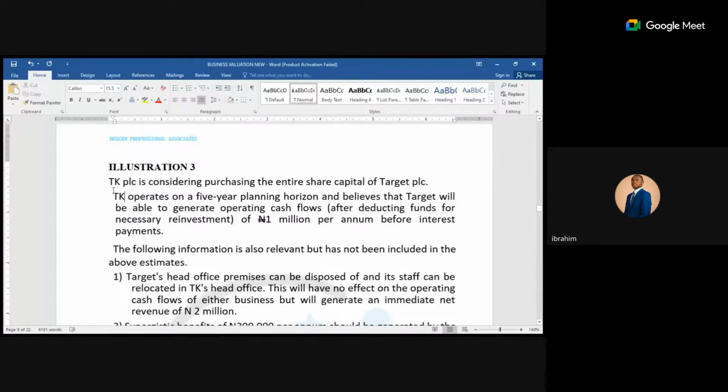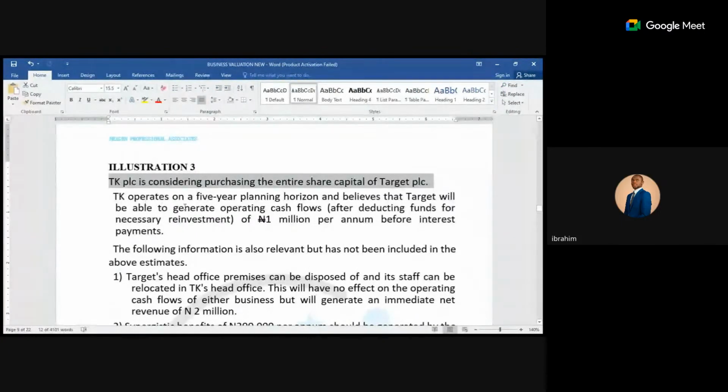TK PLC is considering purchasing the entire share capital of Target PLC.